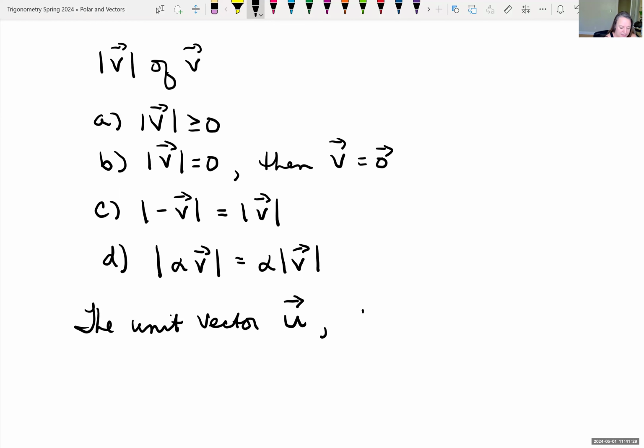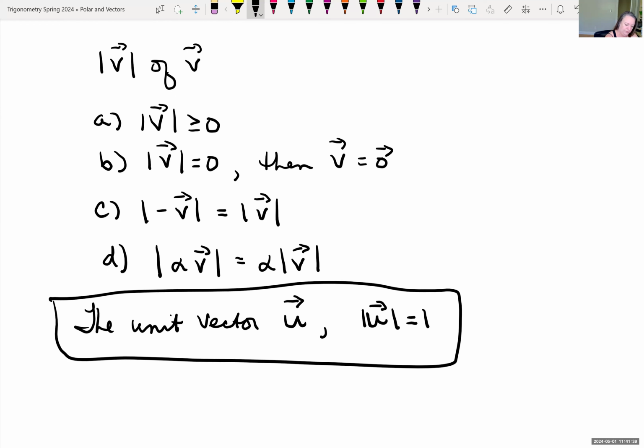If we look at the magnitude of u, that's equal to 1. So a lot of times we want to take a vector and convert it so that it has the same direction, but becomes a unit vector, shrinking the length of it down to 1.